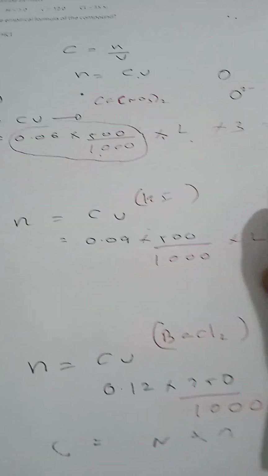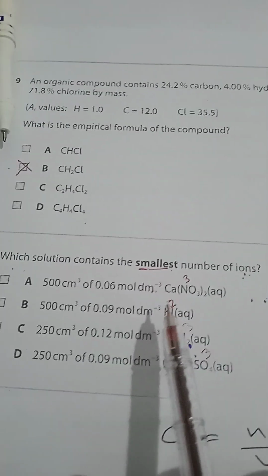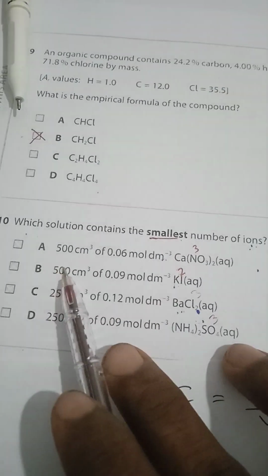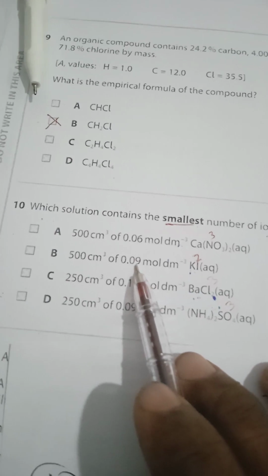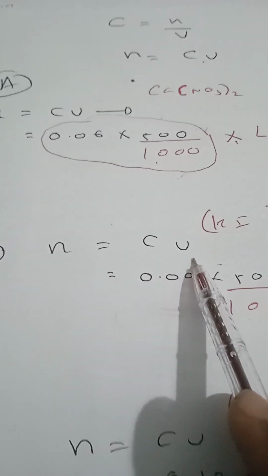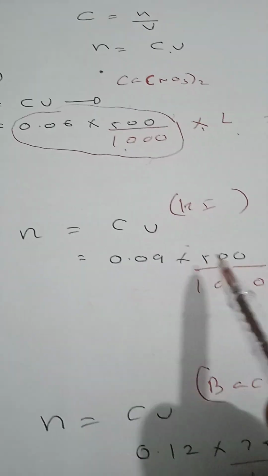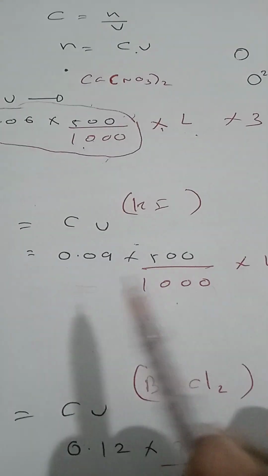The second one is the potassium iodide solution, volume 500, concentration is 0.09. So we apply the n = CV equation for that. C is the concentration 0.09, volume is 500, divided by 1000.